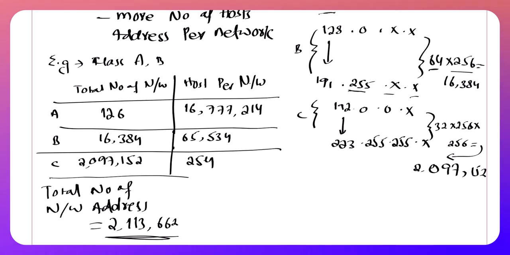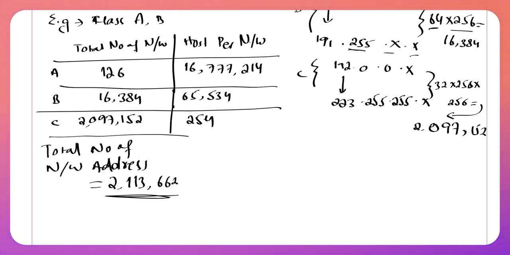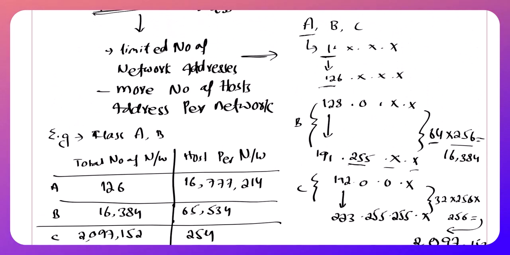This is the total number of networks. See, it's very few, and worldwide we have more networks than this, and each organization network requires a unique network address plus a unique set of host addresses on the internet. But you can see it is very few, so we have the issue of a limited number of network addresses. It's clear.